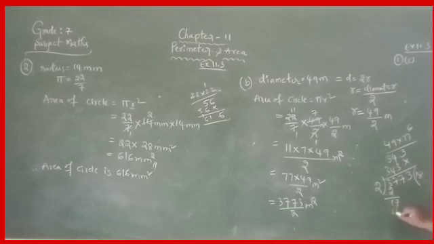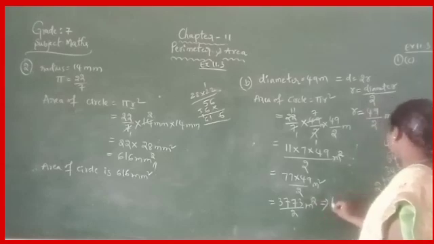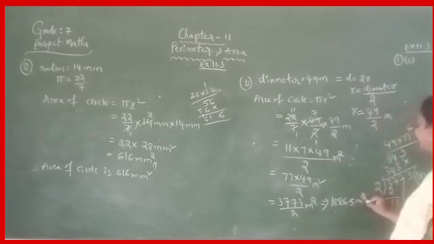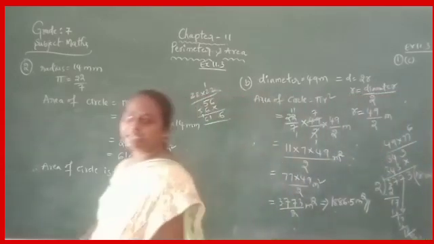Again 2 eights are 16, 1 take 7. 2 eights are 16, 1, 13 is there. 2 sixes are 12. So 1, take the point, 0. Then 2 fives are 10. So what will you get here? 1886.5 meter square.